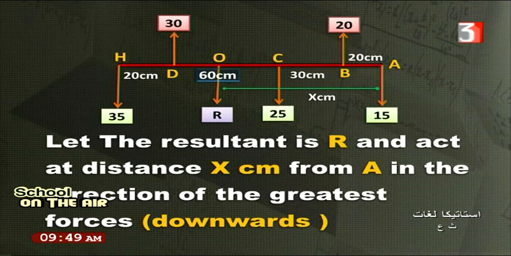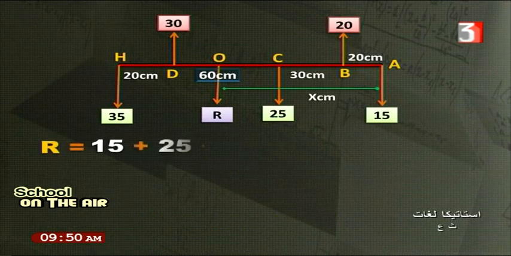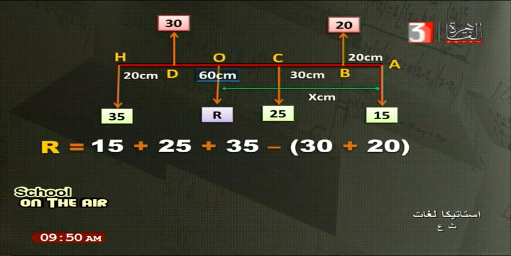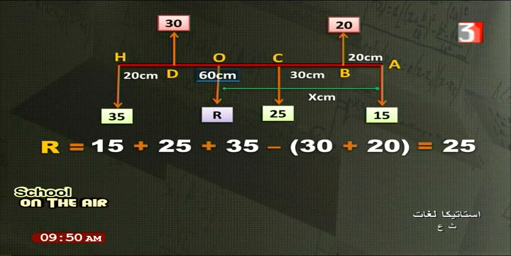Then the resultant must be in the direction of the greatest force, down. Therefore, R equals the sum of the forces down minus the sum of the forces up, which equals 25. This is the resultant of the forces.